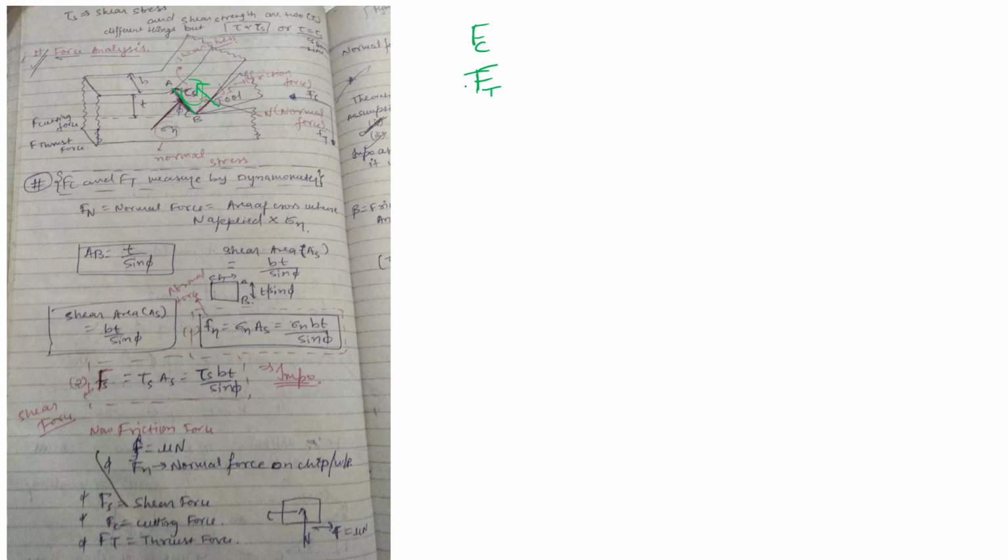How do we proceed further? Fn is the normal force acting on the shear plane. How do we calculate it? Using the elementary rule which we studied in elementary school: normal force Fn is equal to sigma into the area of cross section where the force is acting.